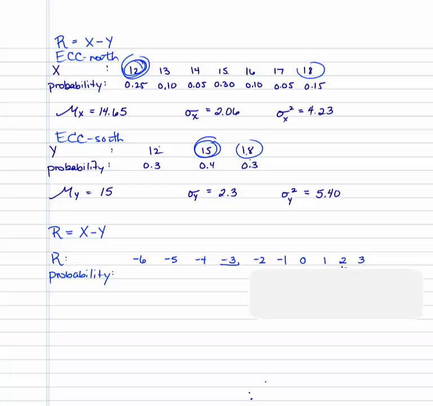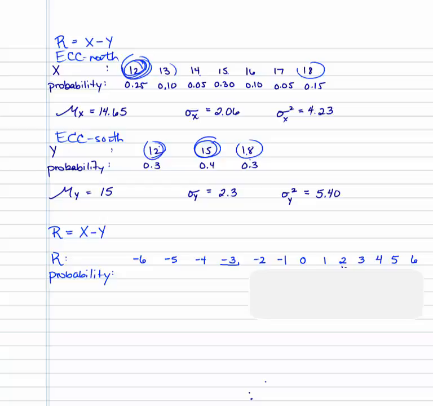Then I go through with the 12. 12 take away 12 is 0. 13 take away 12 is 1. 14 take away 12 is 2. 15 take away 12 is 3. 16 take away 12 is 4. 17 is 5. So we need to go up to positive 6 for this one. And I don't always organize them like that, but it's pretty much easier if you do.